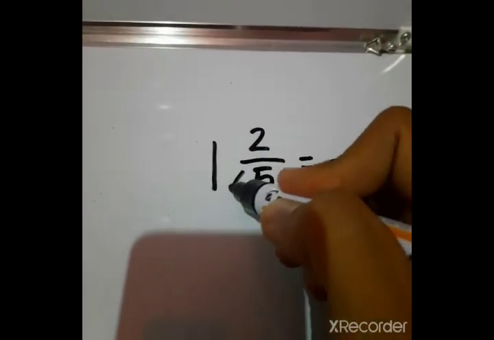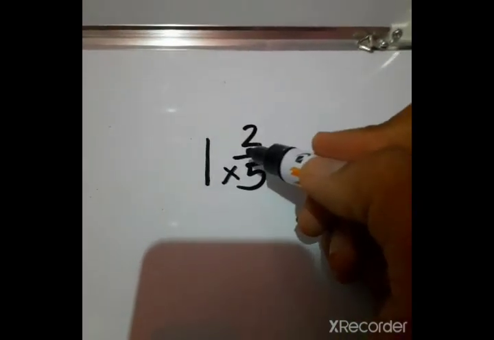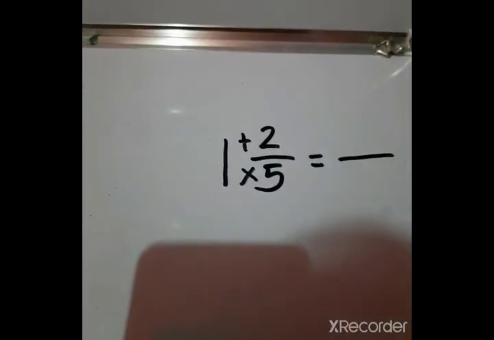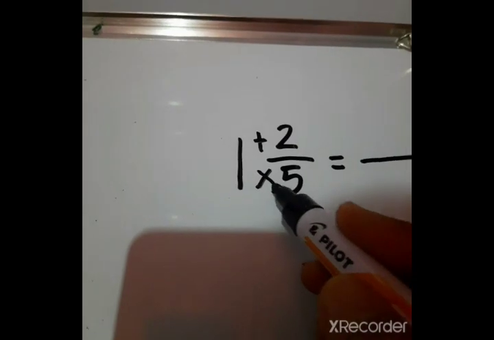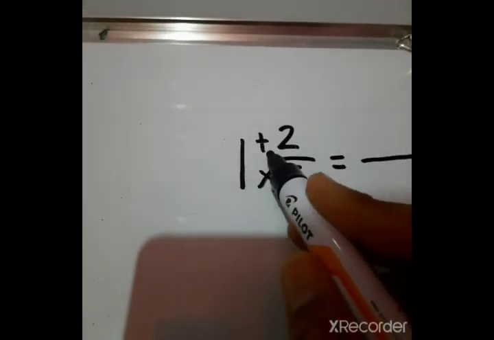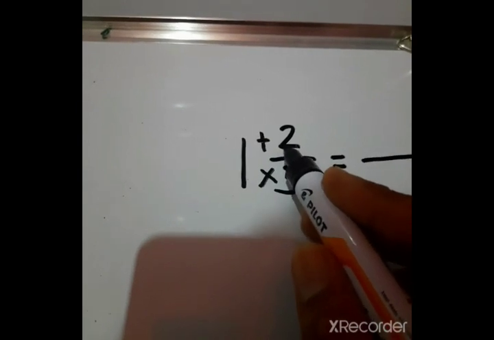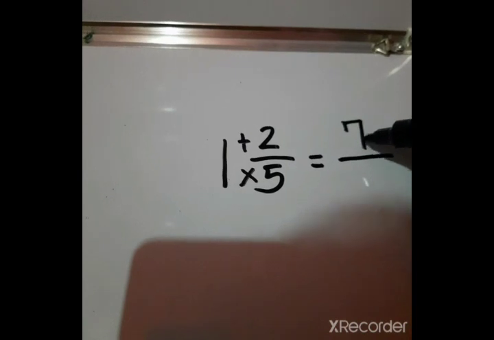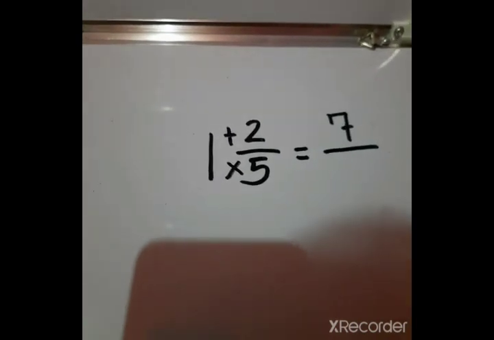After that, add the numerator. So 5 times 1 is equal to 5 plus 2 is equal to 7. So therefore, 7 now will be our numerator.